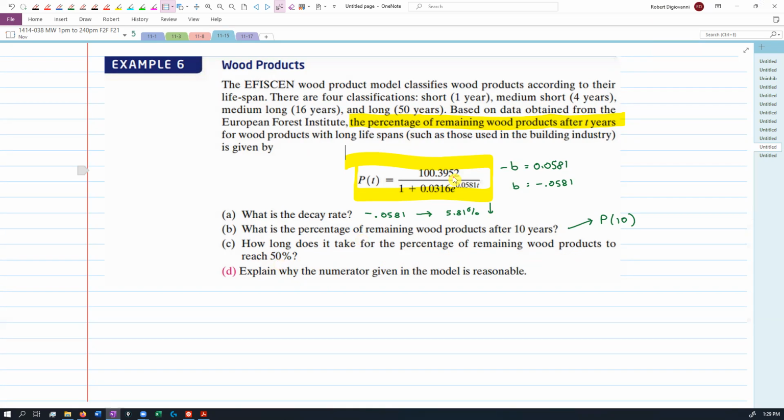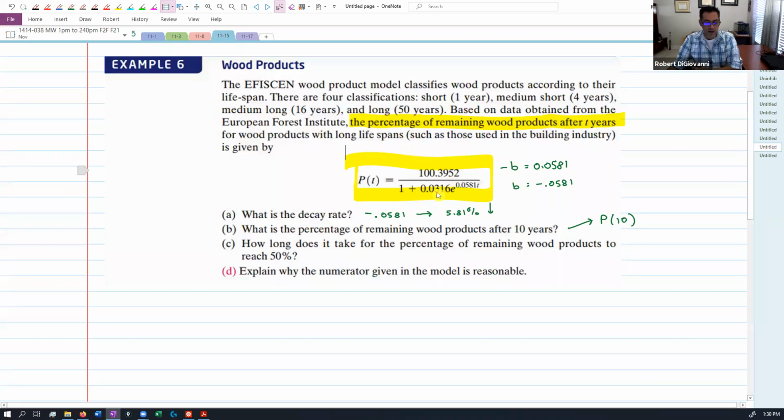50. Okay, so why 50 and not 0.5? Because I thought we always converted percentages to decimals. Because it's half of the max, which is 100. Yes, I agree. Okay, so that's where you can get this from. Hold on.